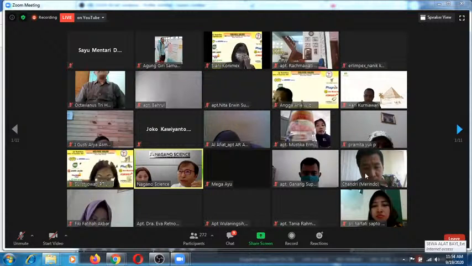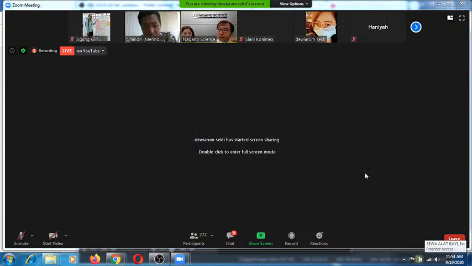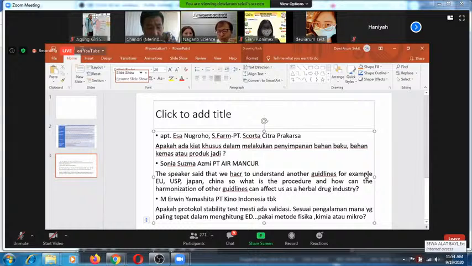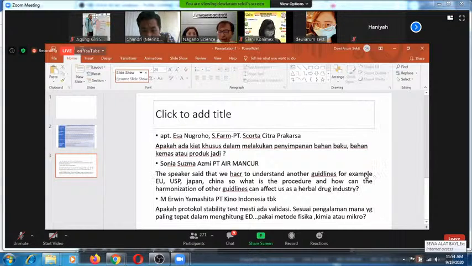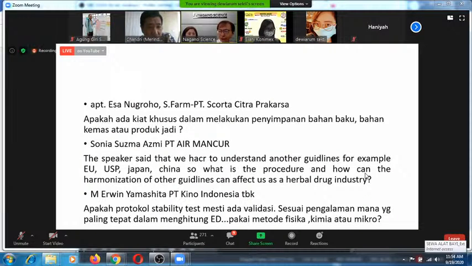This is a more extensive test for the API, the active substance, whereas for the drug product, stress testing is not required so much. So there is a little bit of difference, but basically long-term stability and accelerated stability are the same.